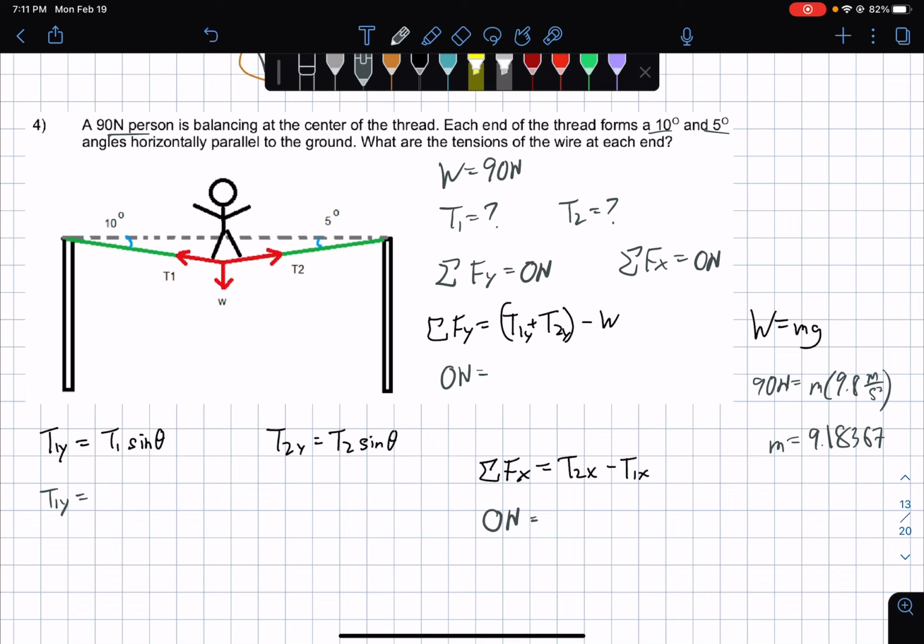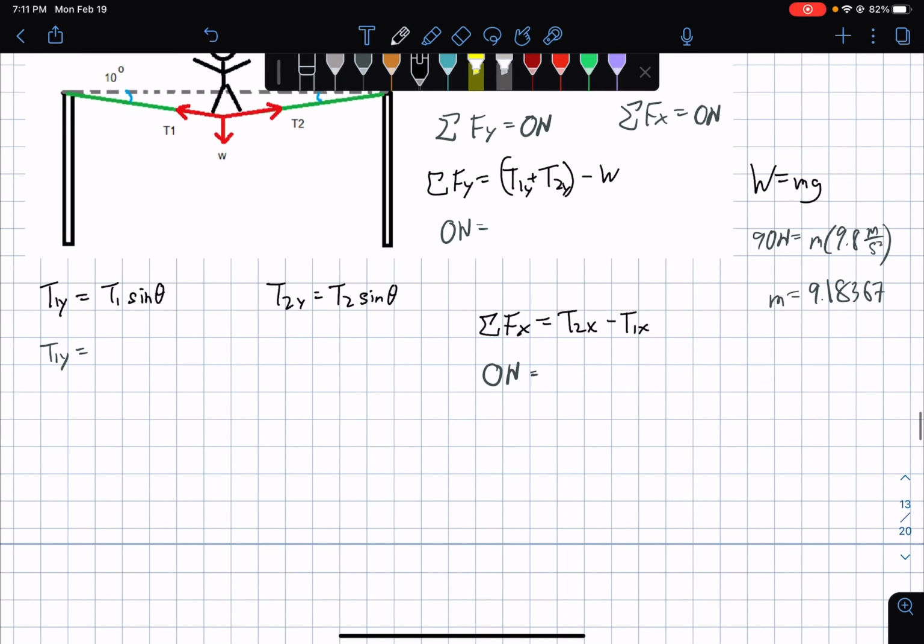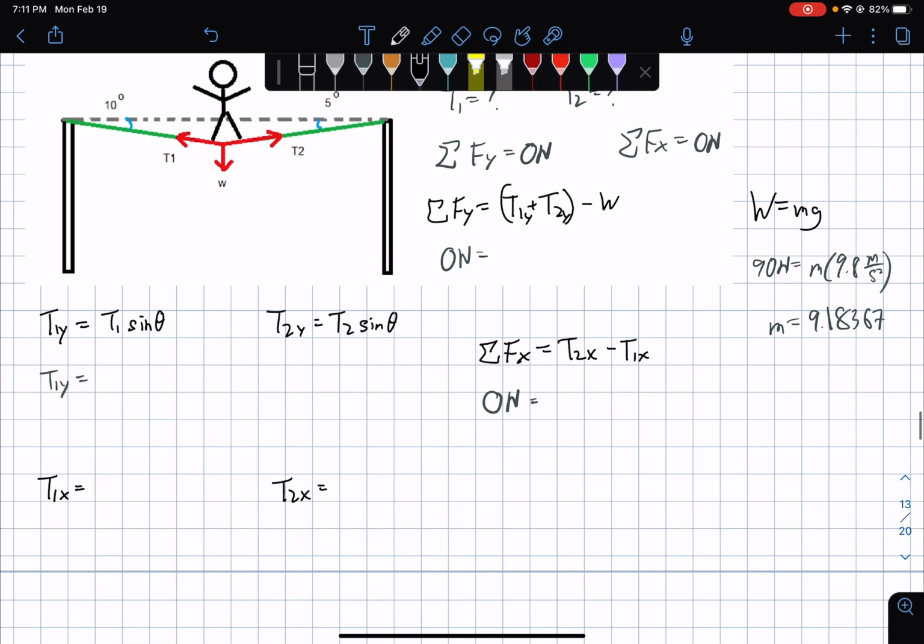And t2x is what? Okay. So, we have to calculate for t2x and t1x. This time, the formulas for these, it's still the same. For t1x, it's still going to be t1, but then this time you put cosine.